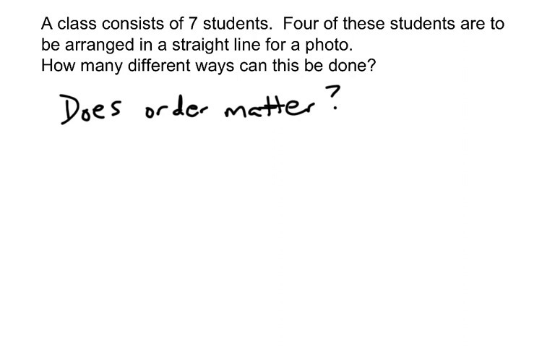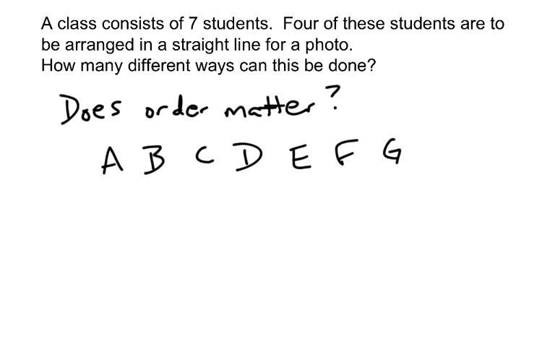There are a couple ways you can do this, and the best in my mind is just sort of reason it out. If I have some very non-creatively named students, and those 7 students are named A, B, C, D, E, F, and G, and I'm going to take 4 of those and line them up for a photo.